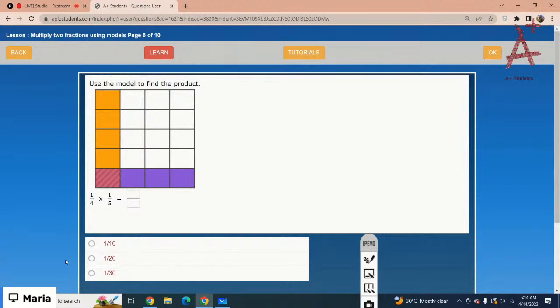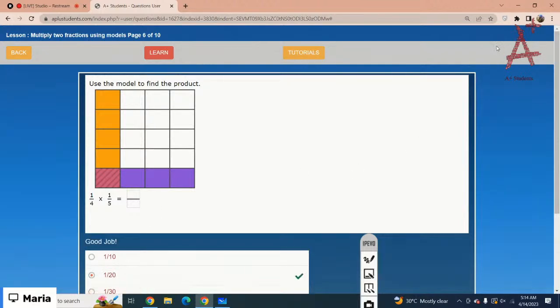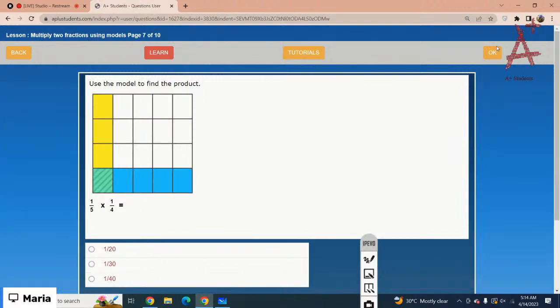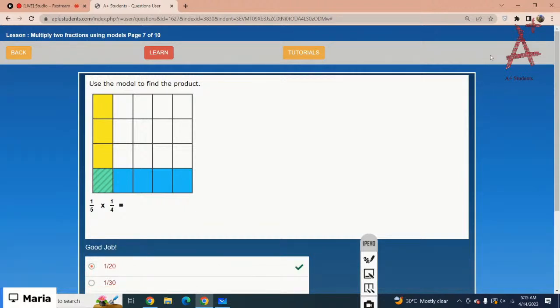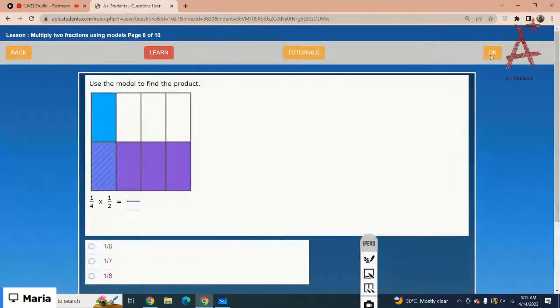Yes, that is 1 over 20. Okay, use the model to find the product. Which is the correct option? Again, it would be 1 over 20. They are the same questions repeating again and again. I don't know what's wrong with the website.